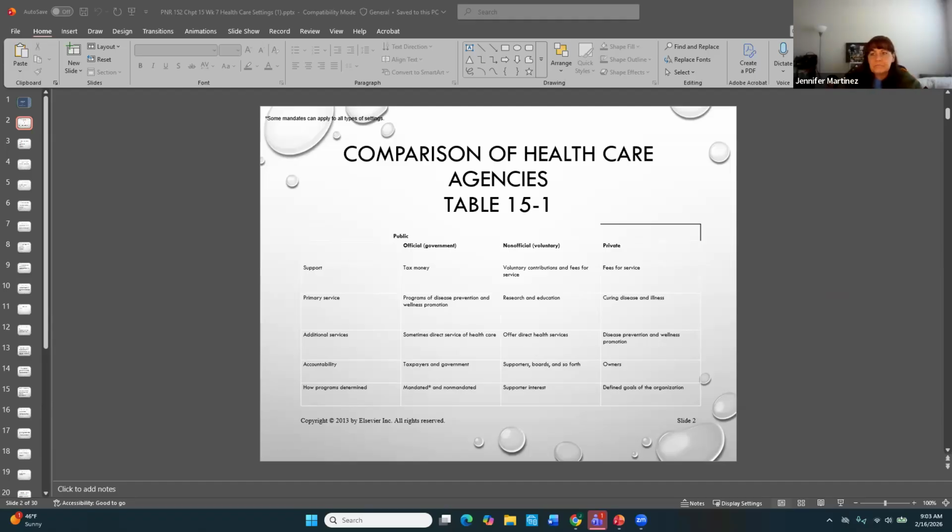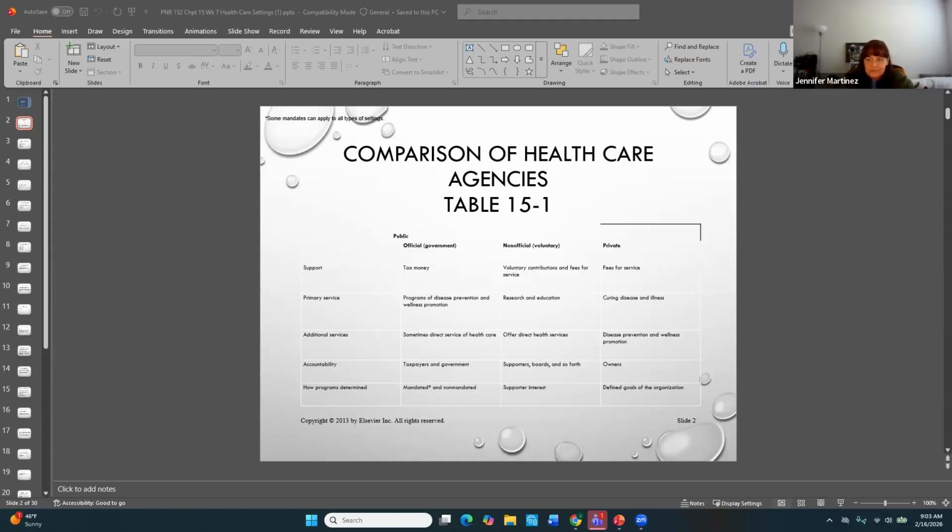So healthcare settings, not all of our healthcare settings are the same. There's a variety of different funding out there, different types of hospitals. They differ in size, focus, the quality of service, and how they are financed.